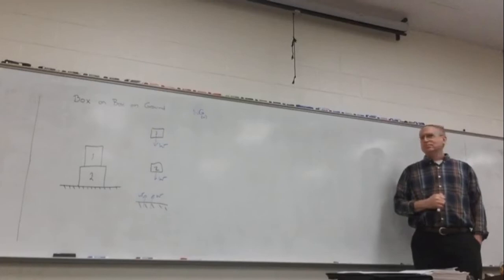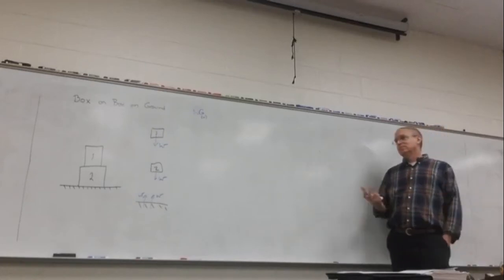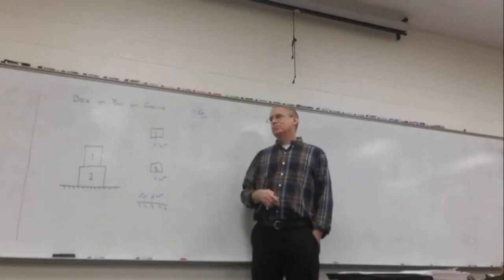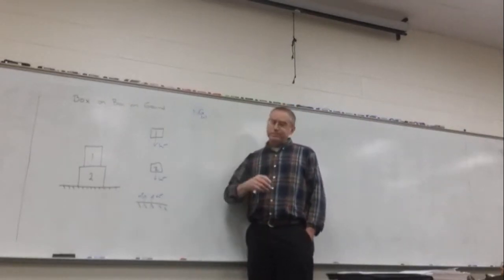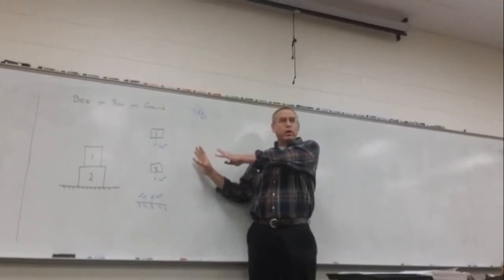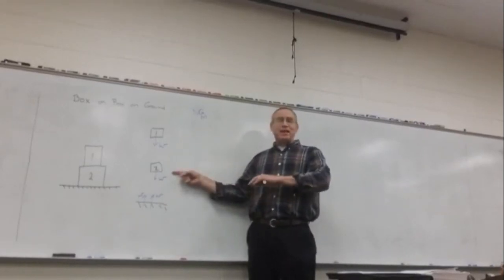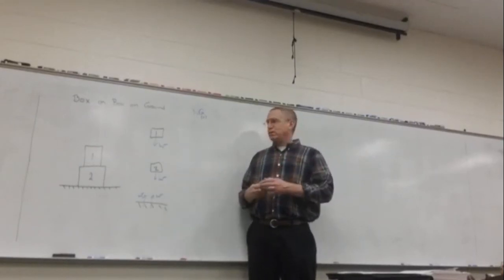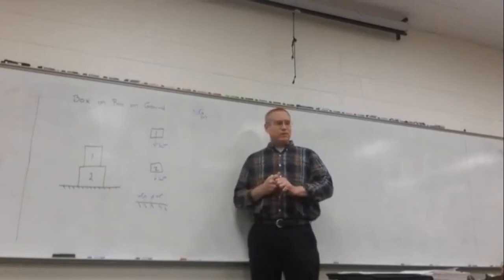Is it because we haven't distinguished which forces on the ground are acting on which boxes? Yes. If this is true, we are claiming that box 1 and box 2 have the exact same weight. They weigh the same thing. And we cannot make that assumption without more information. So we do need to differentiate these W's somehow.